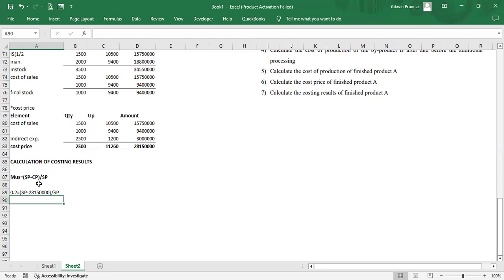If we cross multiply, this selling price will multiply by 0.2. So 0.2 selling price is equal to selling price minus 28,150,000.